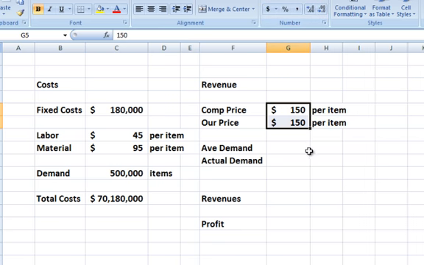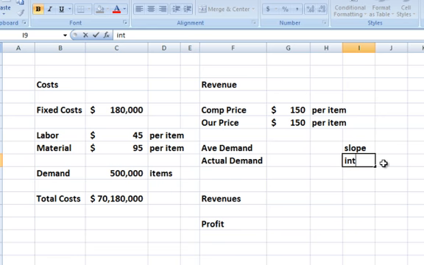We had a demand equation, and it was a linear equation. And it's actually based on slope of a straight line and the y-intercept of a straight line. And I'm going to put those off to the side just in case we decide later we want to change them. We'll have them in their own cells, ready to be changed.